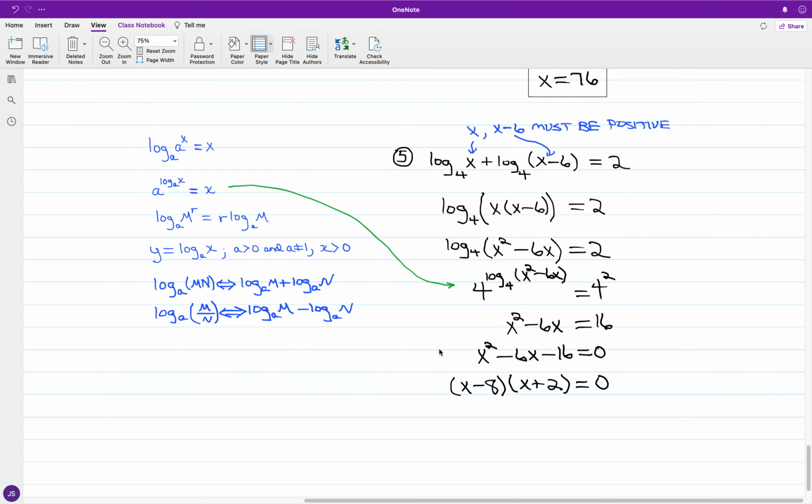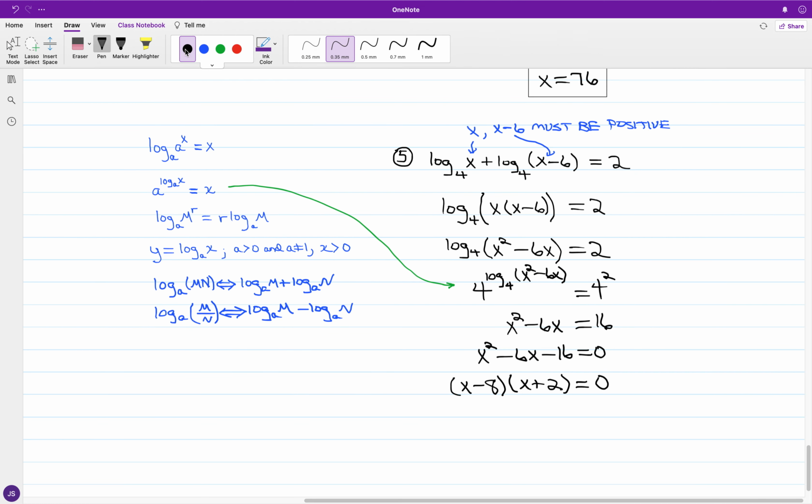And following through, using the zero product property, if x minus 8 is equal to 0, then x is equal to 8. And if x plus 2 is equal to 0, then x is equal to negative 2. So we got two apparent solutions.